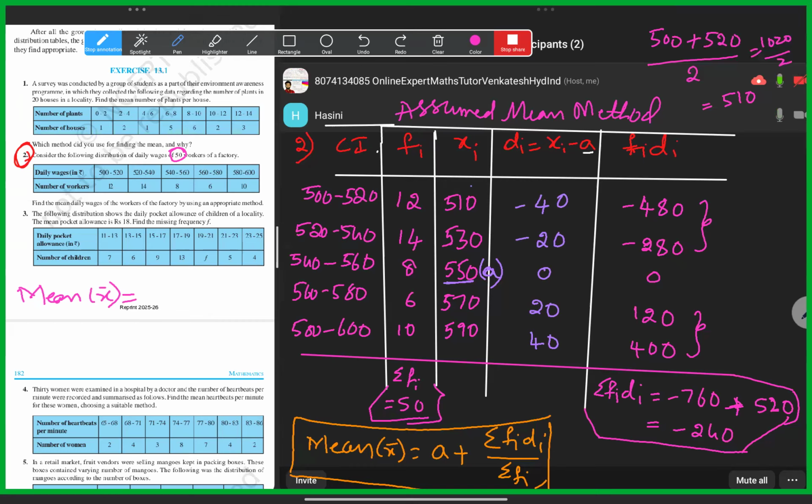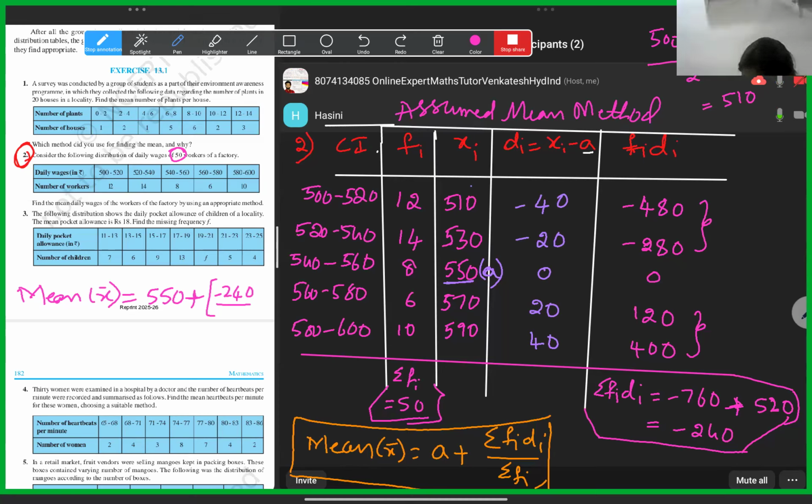A is how much, which we selected? 150. 550 plus sigma fi di. Sigma fi di, finally we got it as minus 240, by sigma fi.